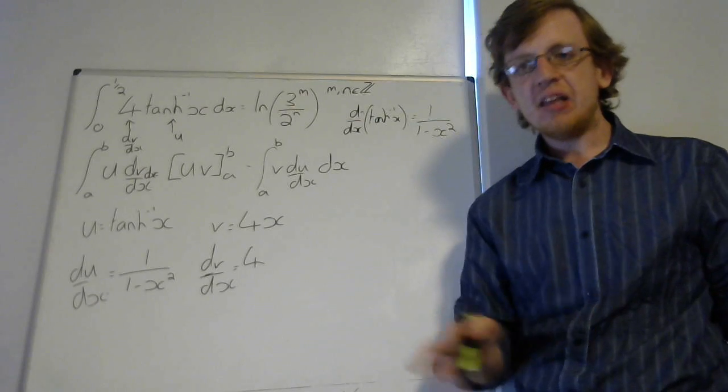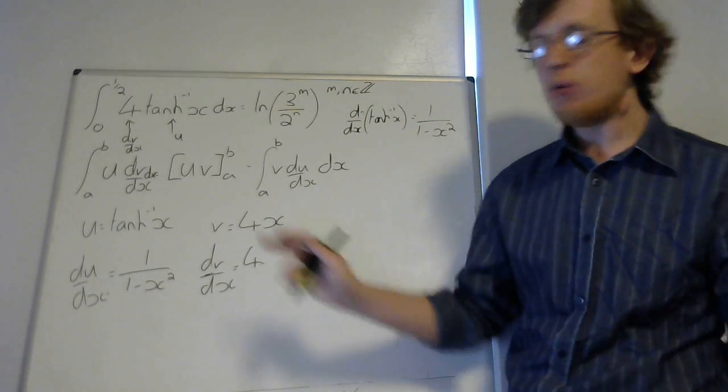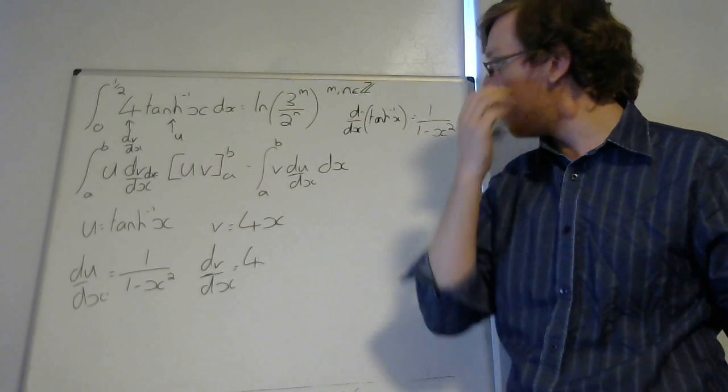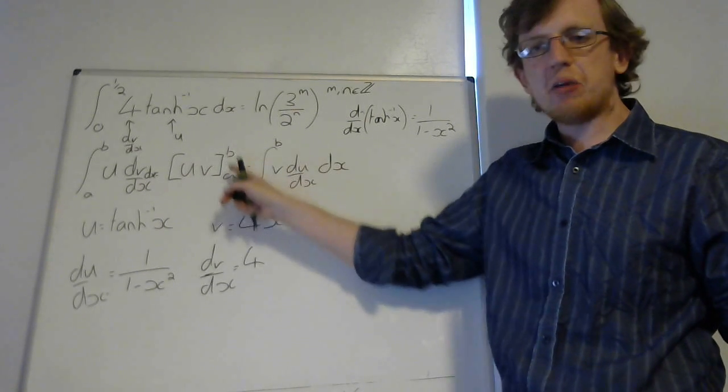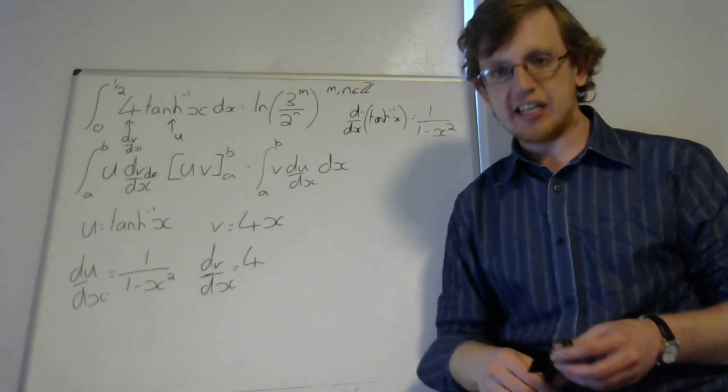Cool. Now we've got them in the table, we're going to chuck those into the formula here, remembering that we have got limits. We've got the limits a half and 0.